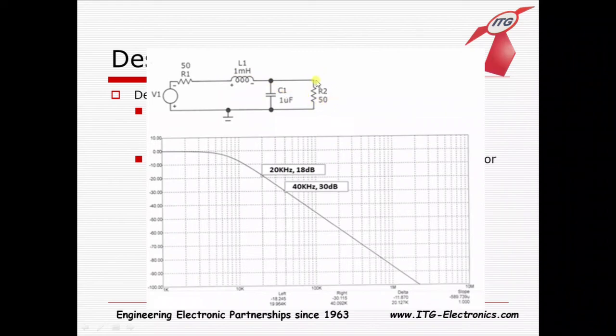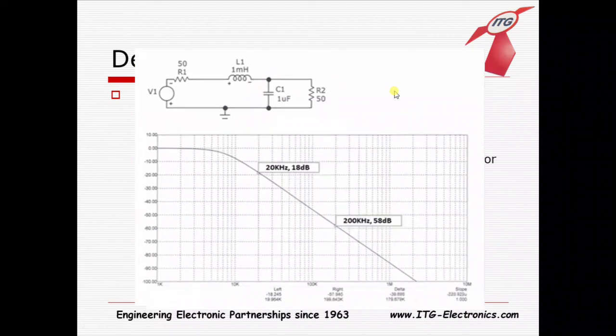And then we have our load resistance, which is also where these probes would be measuring on either side of the load. So we can see as the frequency doubles, so this is 1 octave here from 20 kilohertz to 40 kilohertz, we get 12 dB of attenuation. And if you think about 6 dB per component filtering, we've got 6 here in the inductor, 6 here in the capacitor, equals 12. So we're right on target.